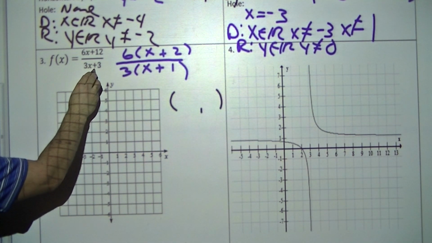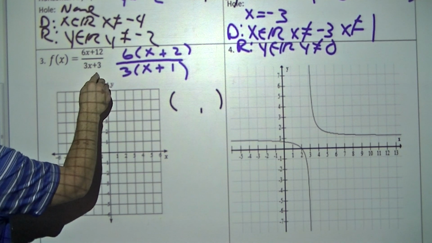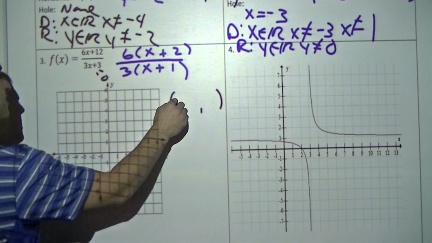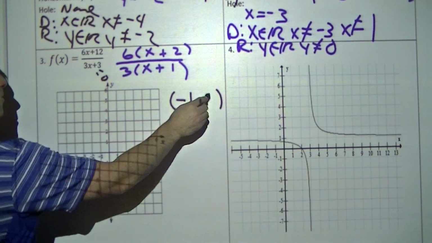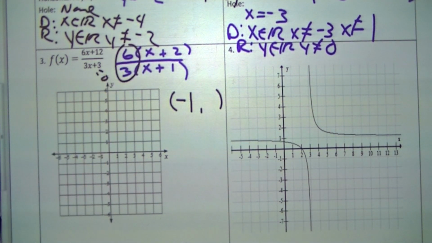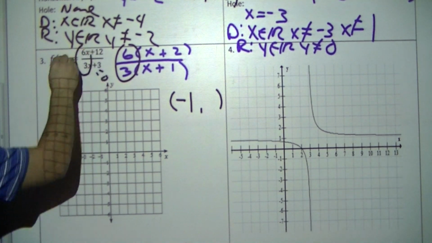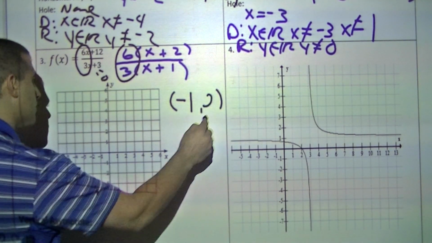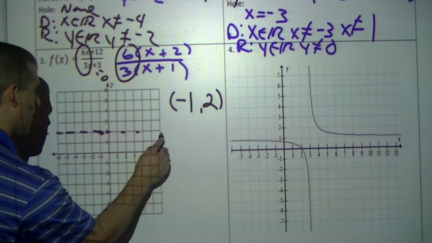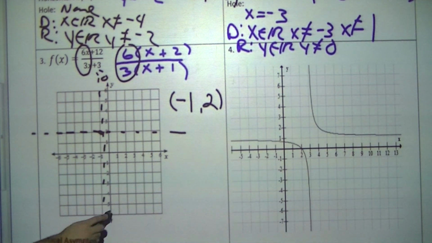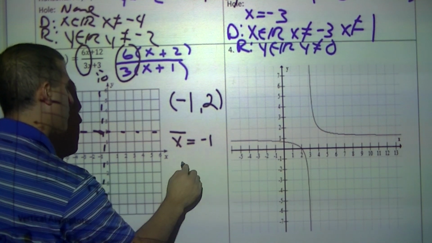You could do it right here and solve 3x plus 3, thinking about what that would be if it equaled 0. And that's going to be negative 1. And you can see that easily from there. To get the y coordinate, you divide those numbers out in front. So 6 divided by 3 is 2. So negative 1 over, 2 up would be here. So that's x equals negative 1, y equals 2.